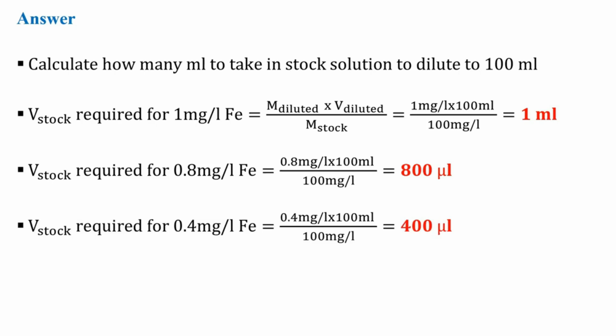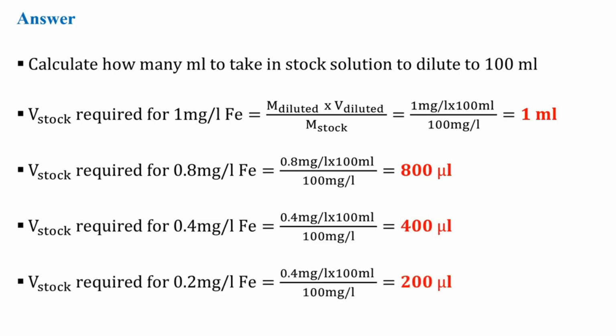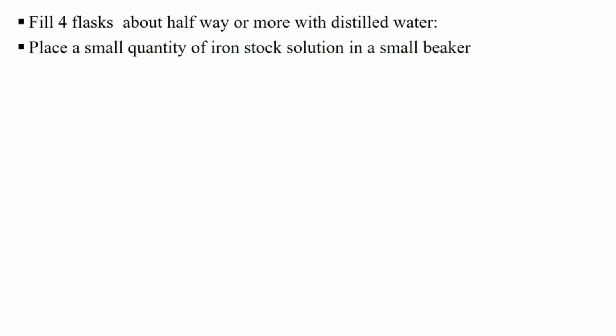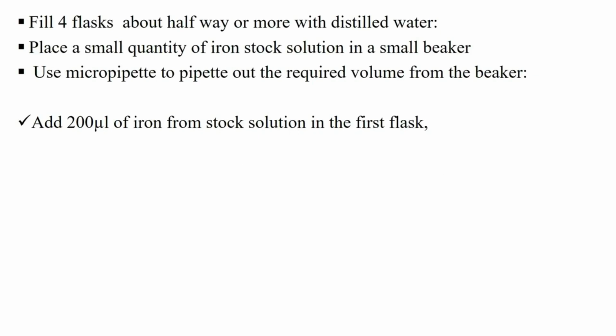For 0.4 milligram per liter iron, you will get 400 microliter, and for 0.2 milligram per liter, you get 200 microliter. Of course, because he is using microliter, the student will need a micropipette.